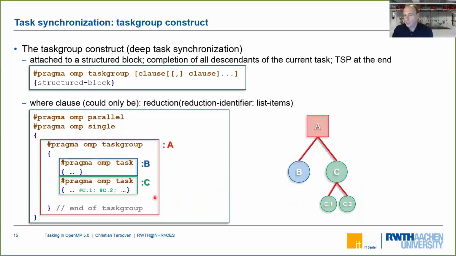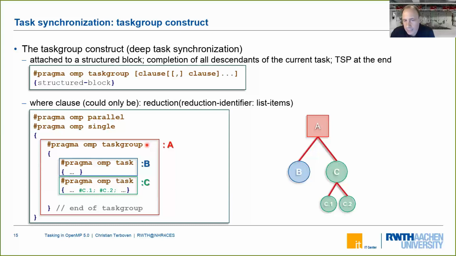If you need stronger synchronization, we have the so-called taskgroup. And there are also other use cases for that in the context of reductions that I will show later on. And that will wait for all the tasks that are being created within the dynamic extent of the taskgroup. So here, now the code is slightly different. The block A does not consist of an individual task, but the taskgroup.